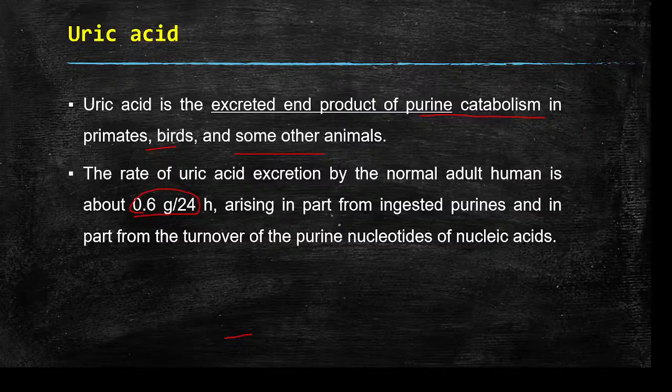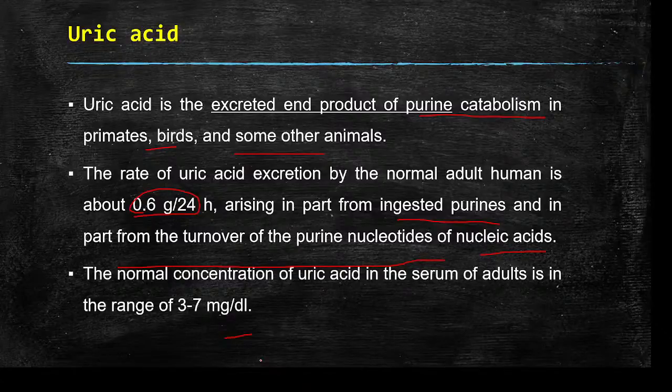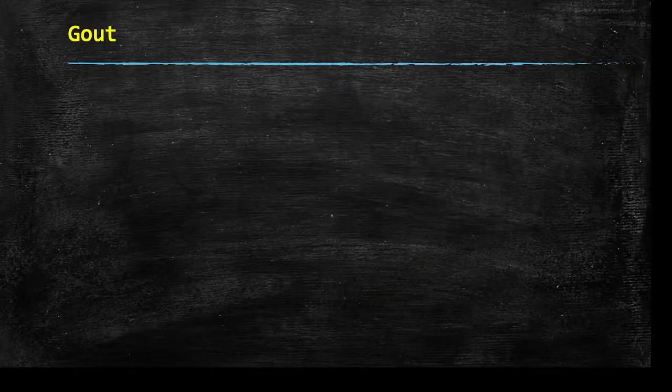So this arises in part from ingested purine and in part from turnover of purine nucleotides that arise from breakdown of nucleic acids. Okay. So the normal concentration of uric acid in serum of adults is in the range of 3 to 7 milligram per deciliter.